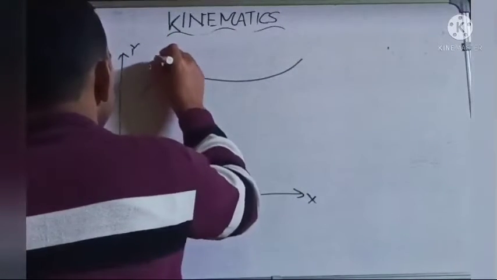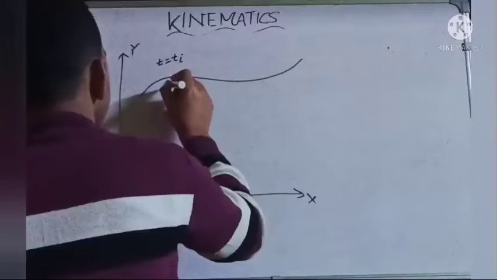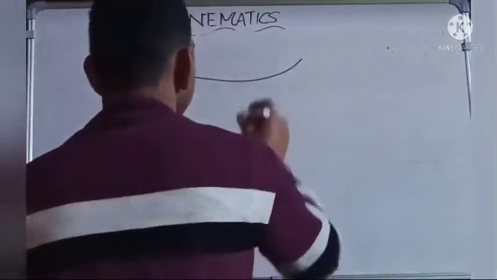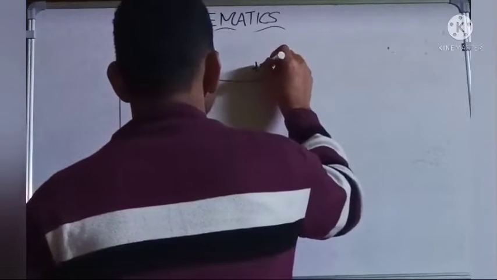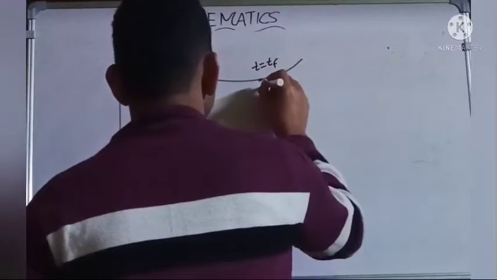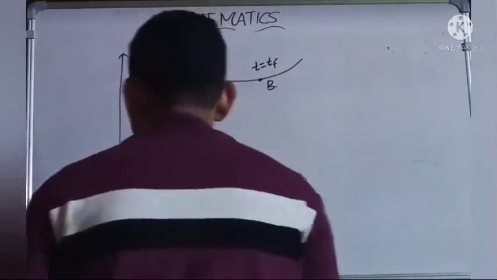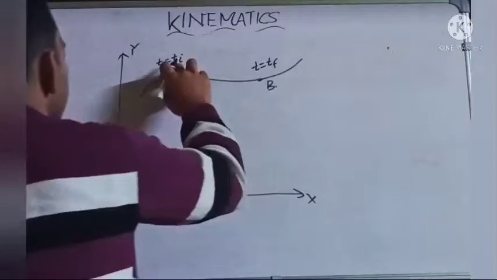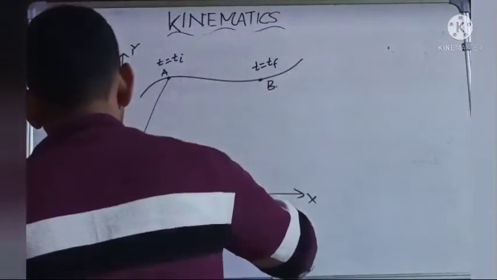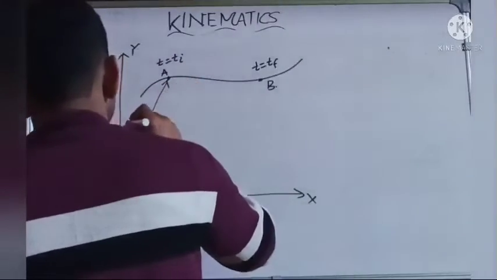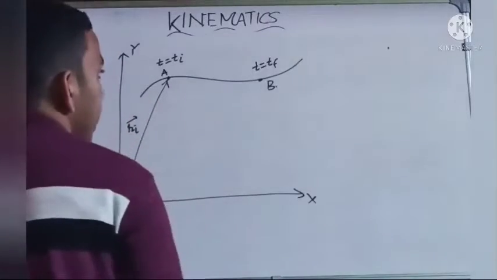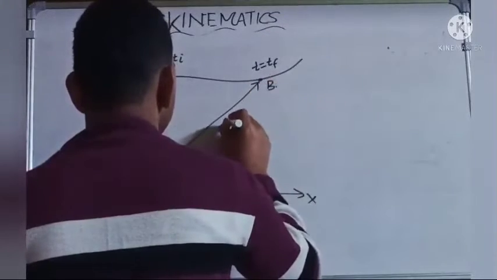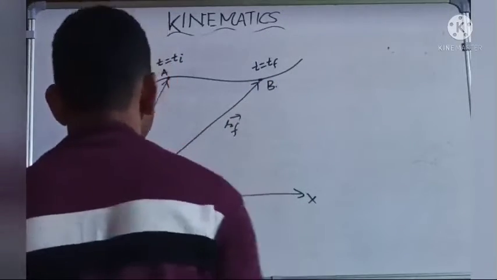Let at time t equal to t initial, it is at this point, which we denote as A, and suppose at time t equal to t final, the particle is at this point, which is B. Now when it is at position A, or when t equal to t initial, the position vector is denoted by this vector, which is Ri vector, and when it is at position B, the position vector is denoted by this vector, which is Rf vector.